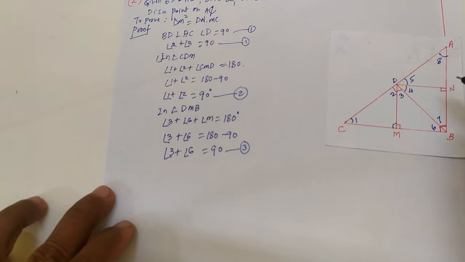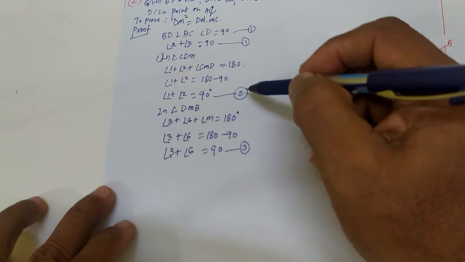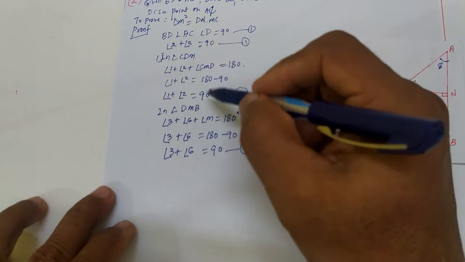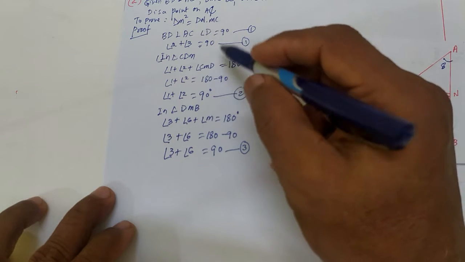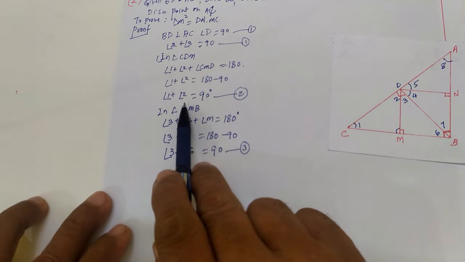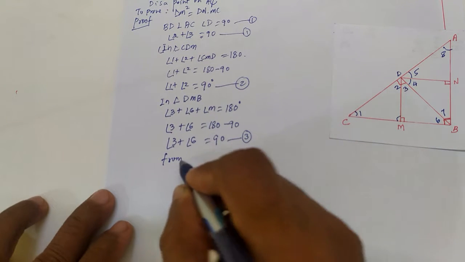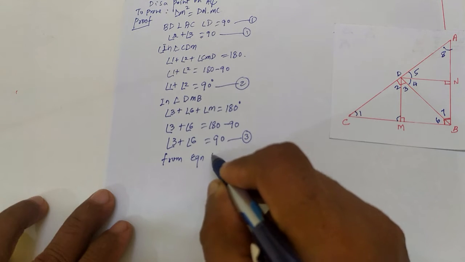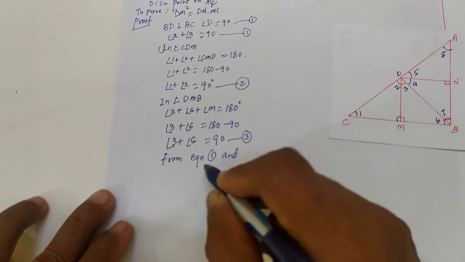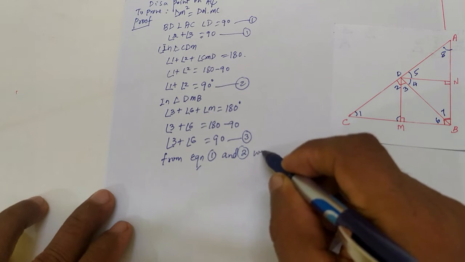So we will take these two, equation 1 and 2. We can see here one part of it is 90 degrees. Therefore 2 plus 3 we can take as 1 plus 2. So from equation 1 and 2, what do we get?